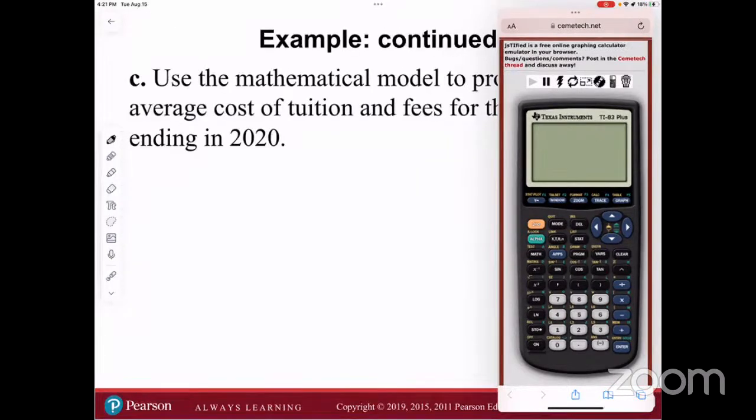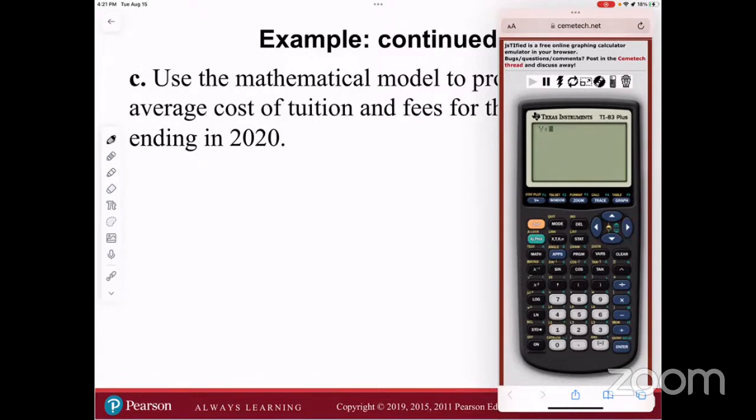All right, so to the left of the clear button is a button that says VARS. I think that's short for variables. I'm going to click on that. I'm going to go to the right to Y variables. I'm going to click on number 1 for function, number 1 again to call on that function I typed in. And I will do open parentheses.